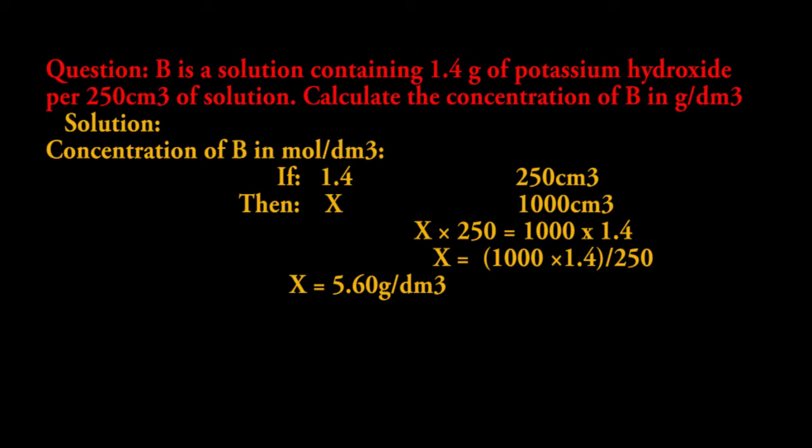Ask yourself this question: if 1.4 gram is contained in 250 centimeter cube of distilled water, then how many gram will be contained in 1000 centimeter cube of distilled water? By using the cross multiplication method, we obtain the concentration of B to be 5.6 gram per dm cube.